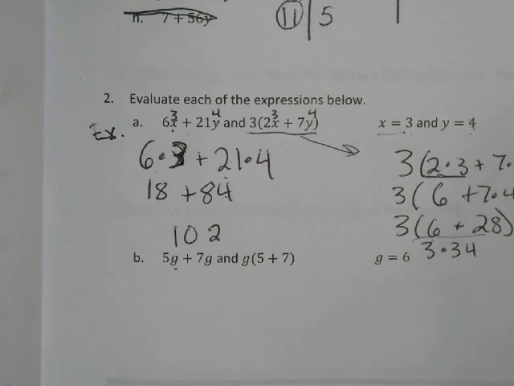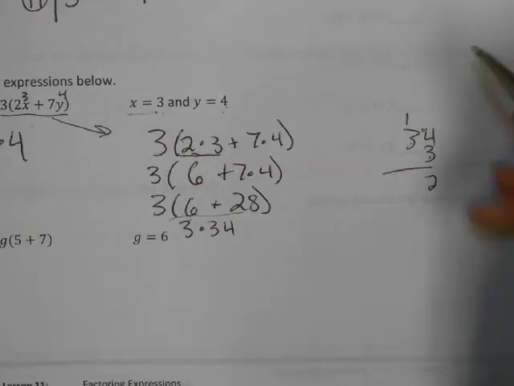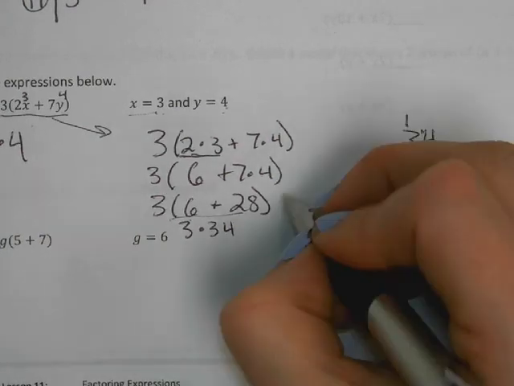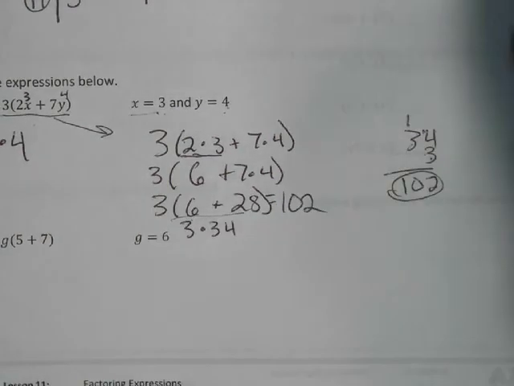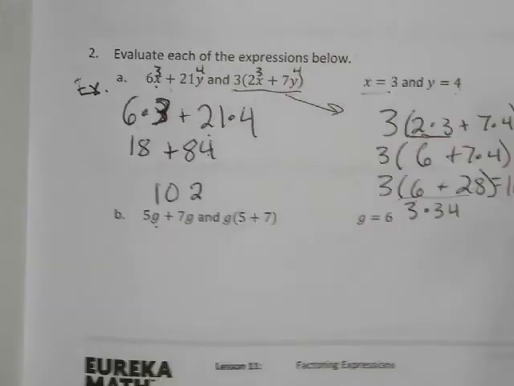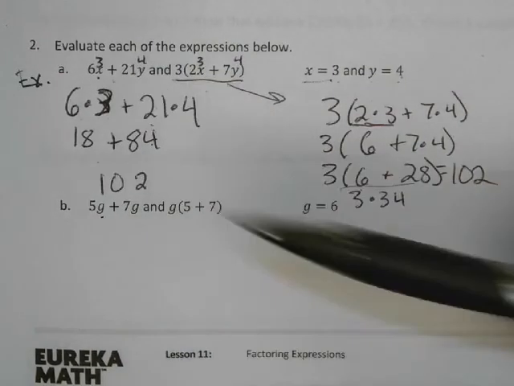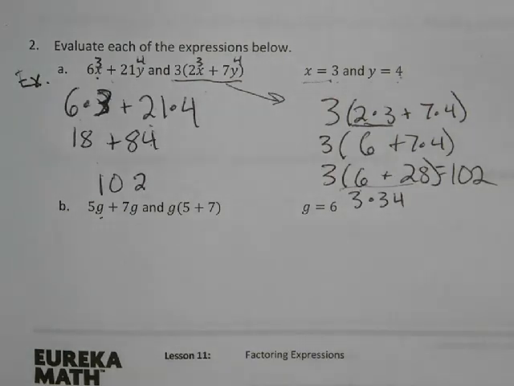And 3 times 34: 3 times 4 is 12, carry your 1, 3 times 3 is 9, plus 1 is 10, and that gives you 102, which is the same as the first one, which just proves that the distributive property and factoring do result in equations that are equivalent to each other.